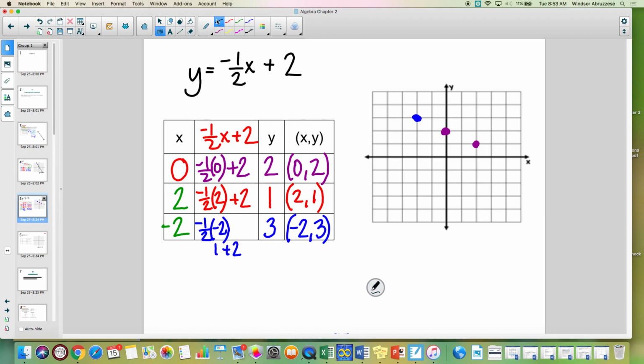I'm going to then use a ruler or any straight edge you have available. Connect the dots, put arrows on the end, and label the line with your original equation. So I want you to pay attention to here, why did I pick 2 and negative 2? To eliminate that fraction. Ideally, if you always pick the denominator, you will eliminate the fraction.